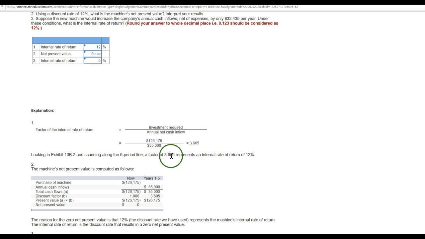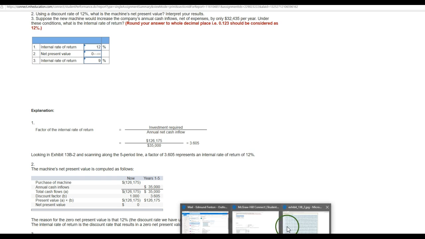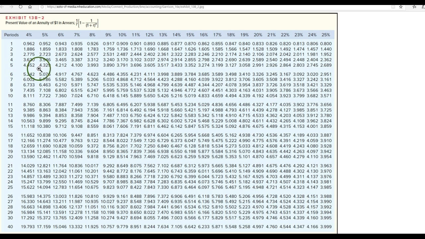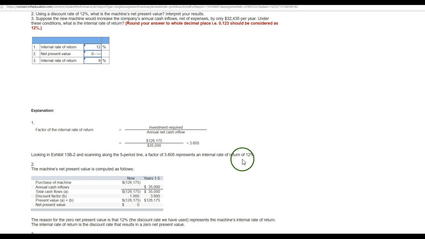So remember 3.605, and let's go across the 5-period line. 5 periods, let's go across, and here it is. 3.605, go up. That means this project is generating a 12% return. That's the internal rate of return. So go across the life, 5 periods in this case, find the factor we computed, and then go up to the interest rate. So that's how they get the 12% answer right here.